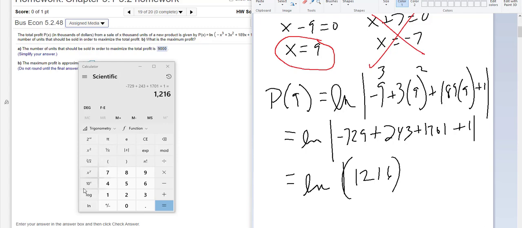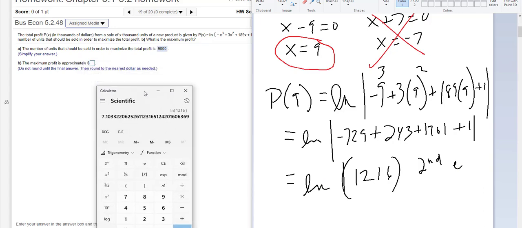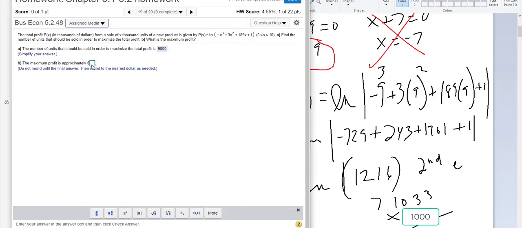So I need to take the natural log of 1216. On your calculator, it's going to be second and the E key; on my calculator, I have to put in the number and then press natural log. So the maximum profit is approximately, the profit's also in thousands of dollars, 7.1033 times 1,000, so 7103 is our maximum profit.